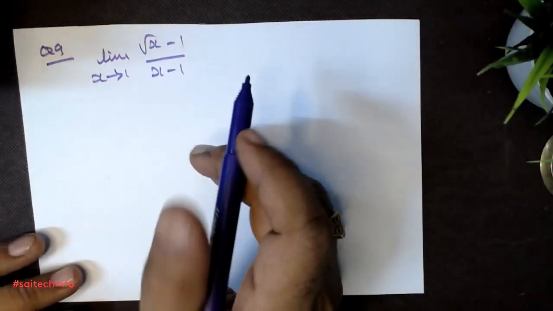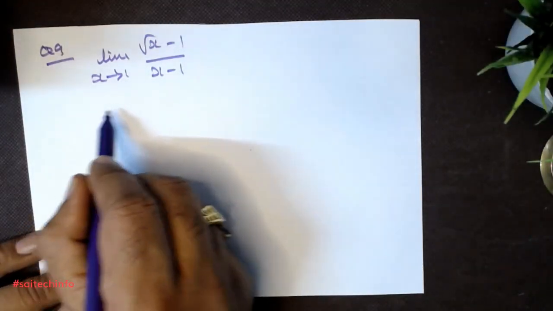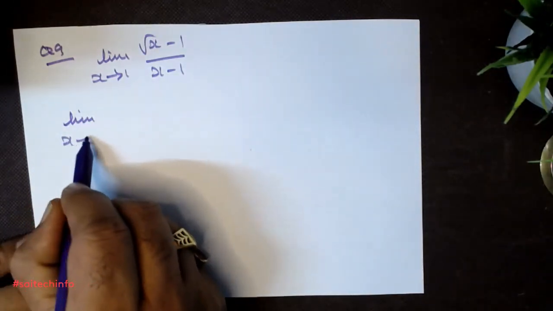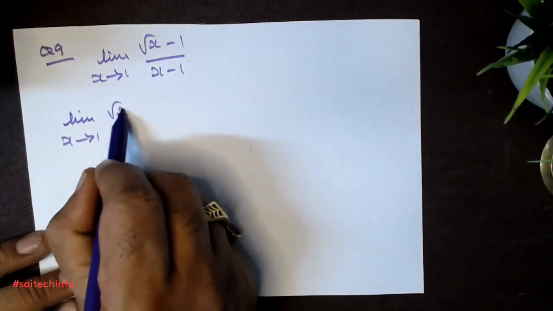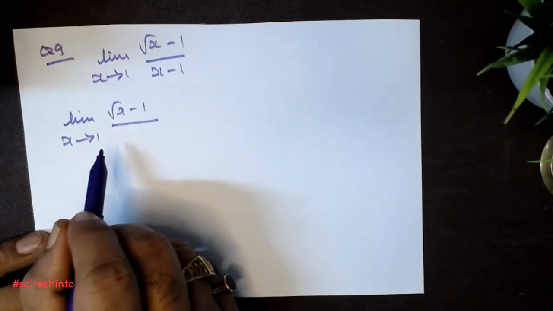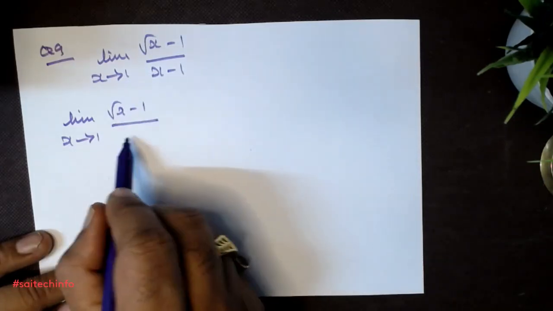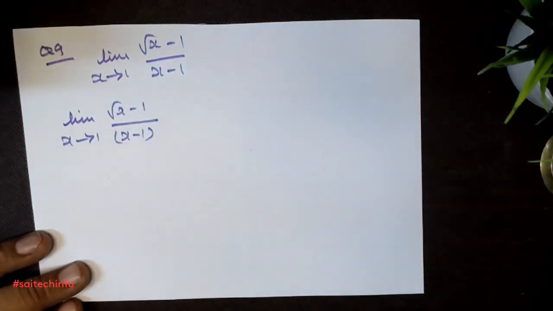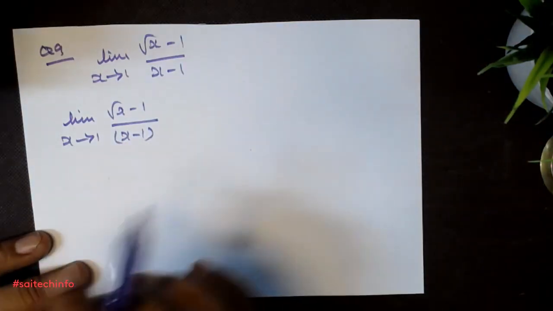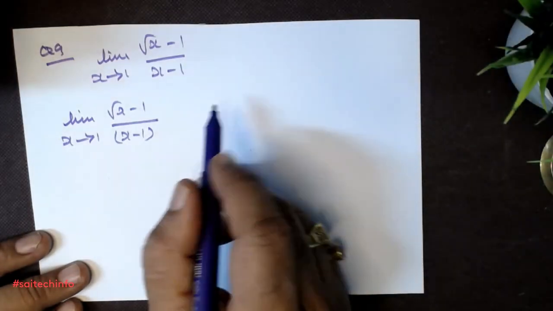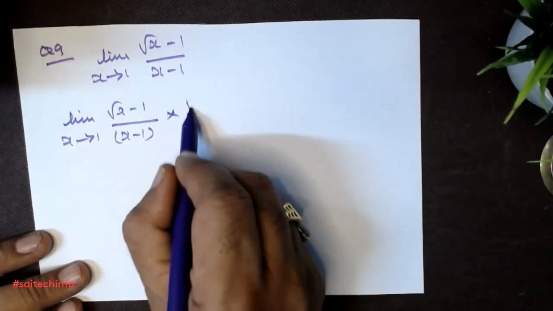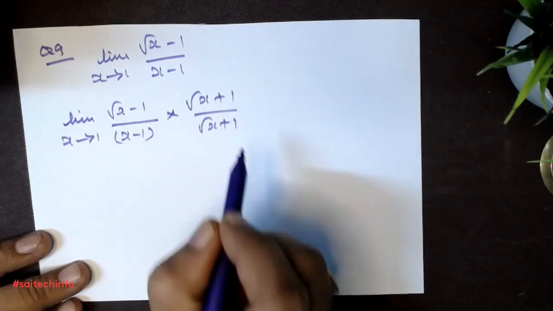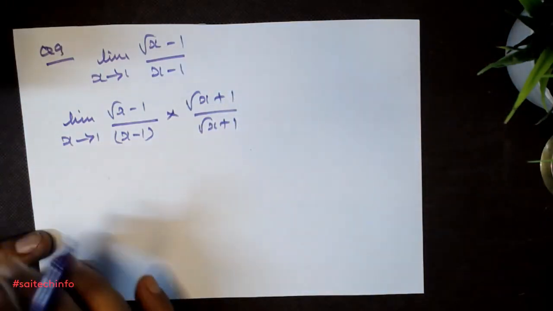So limit x approaches 1, root x minus 1 divided by x minus 1. Here we multiply and divide by root x plus 1.